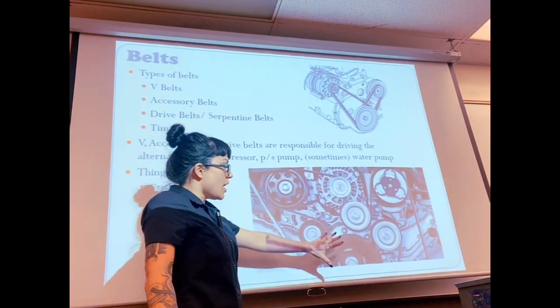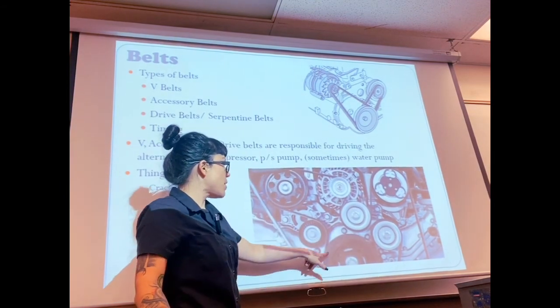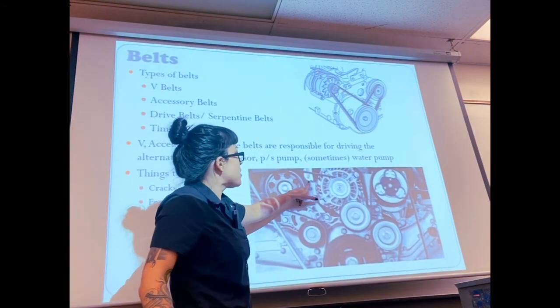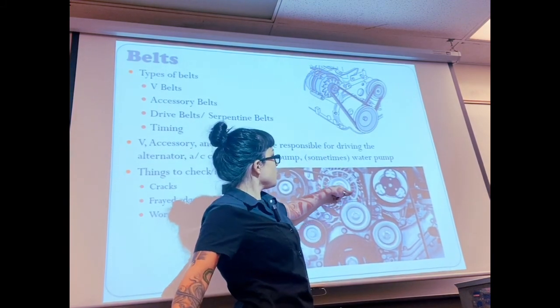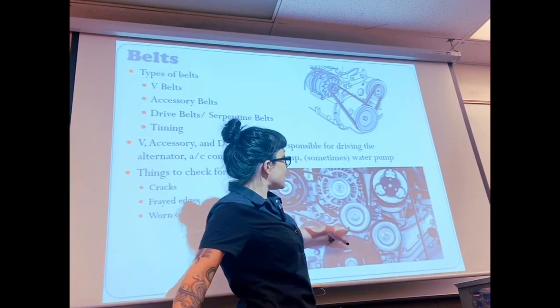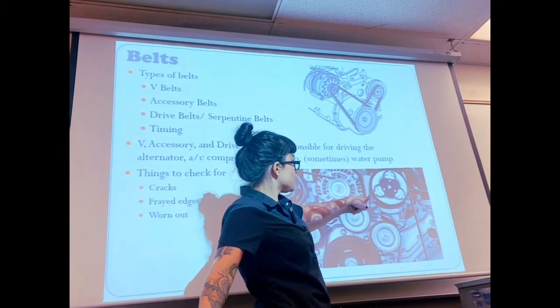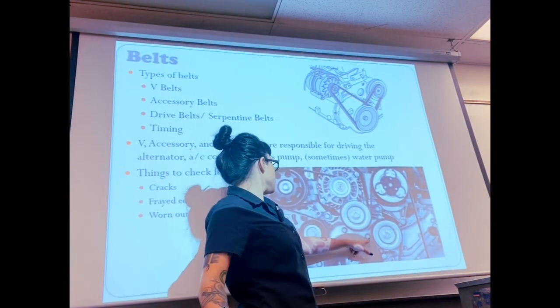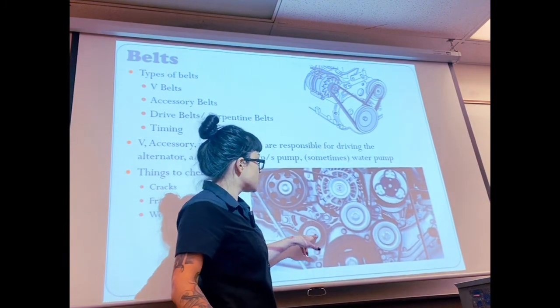So we've got our crank pulley down here, and our belt comes off and runs this pulley over here, potentially power steering, this pulley over here, which is our alternator, down through a tensioner pulley of some sort, over through our air conditioning pulley, another idler pulley, and this is actually probably our tensioner pulley here.